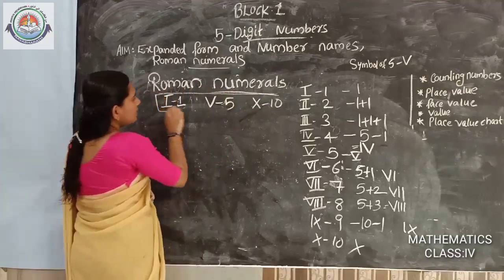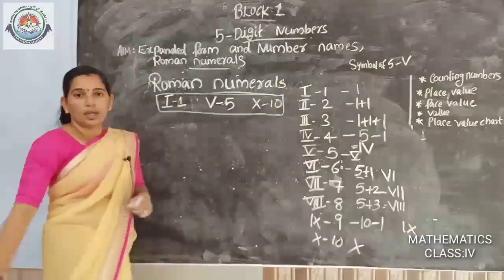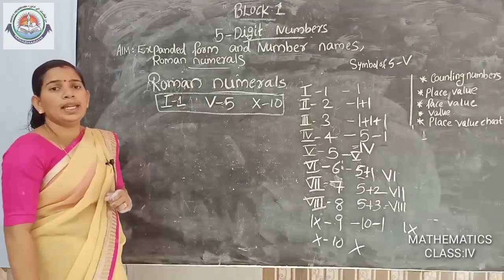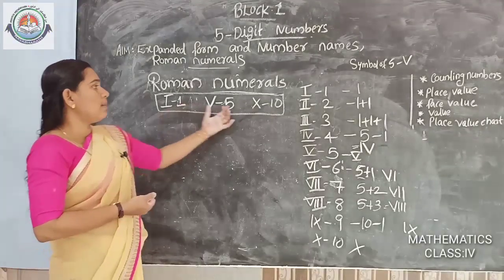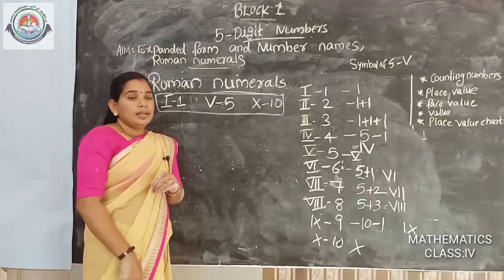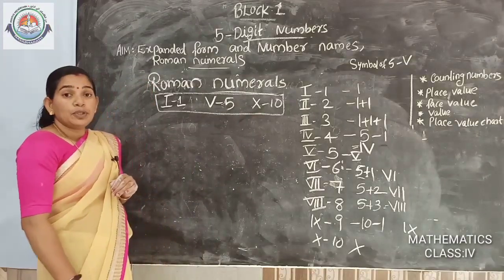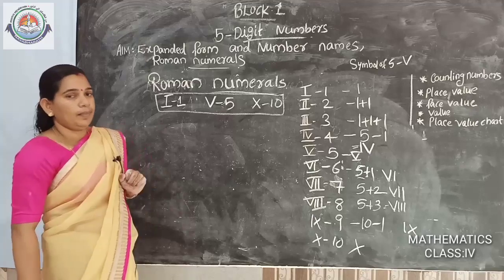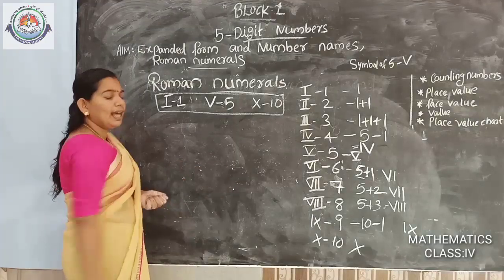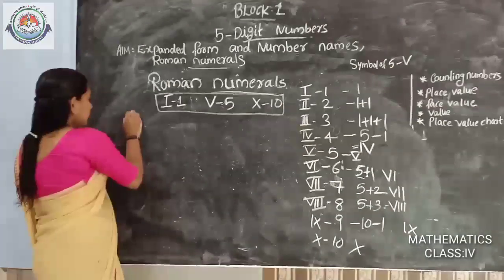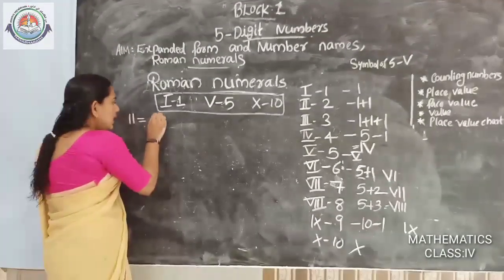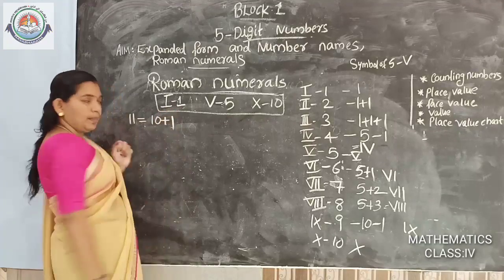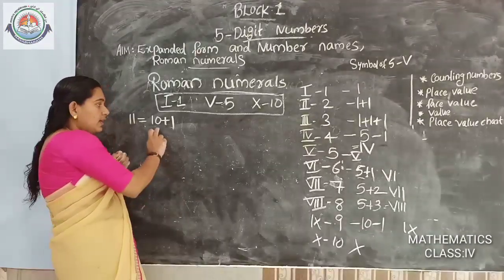From these 3 we will write up to 39. We will check how we get from these numbers, how to write the Roman numerals up to 39. Okay, 11. 11, we can write 10 plus 1. What is the symbol of 10?